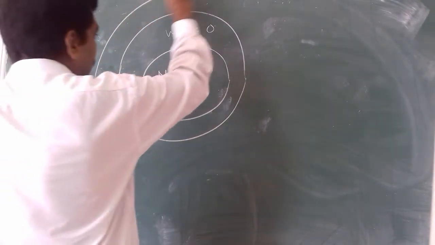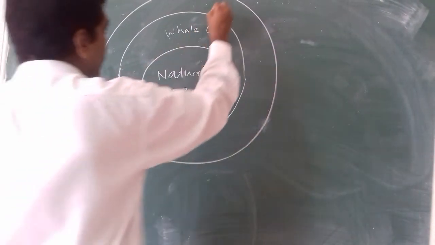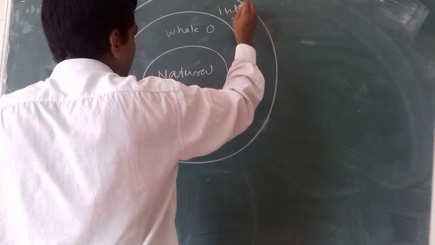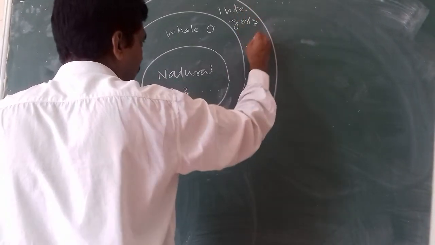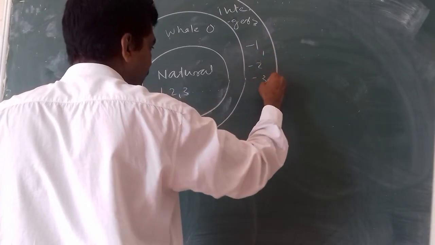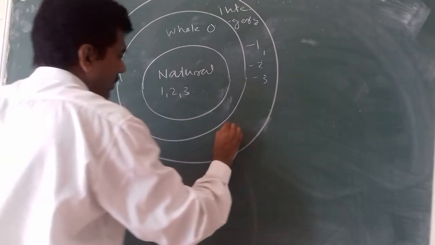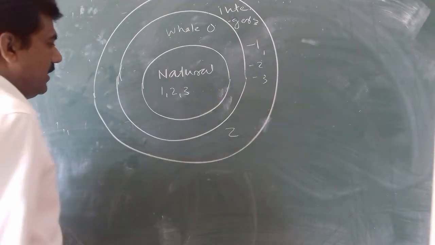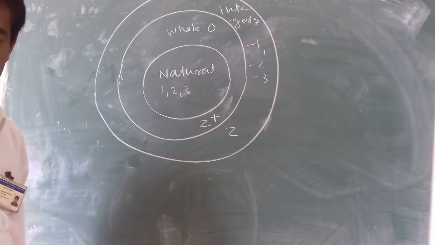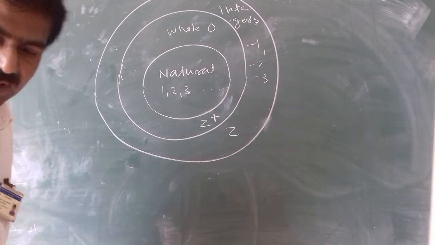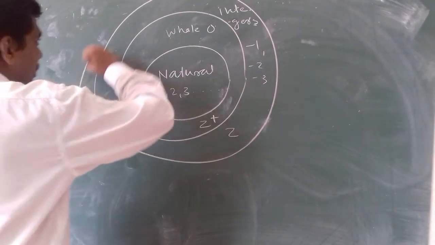And then add the integers minus 1, minus 2, minus 3, then this will be the capital Z. And this will be your Z plus, that is the set of positive integers. Okay.